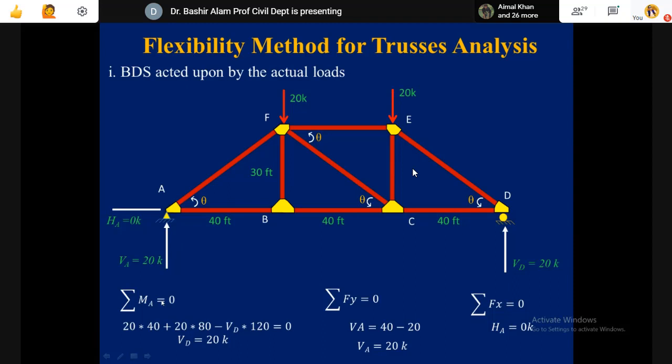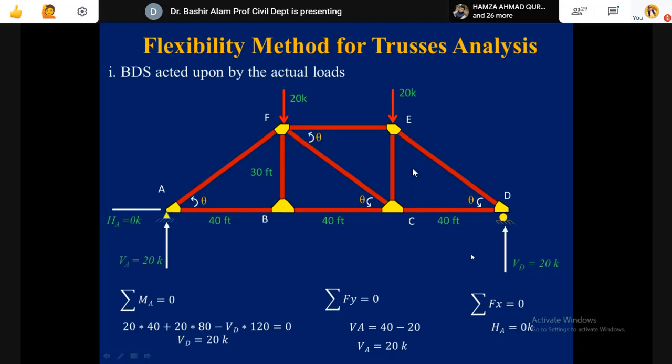We take summation of MA equal to 0. So 20 times this 40, and plus 20 times 40 plus 40, which is 80, minus VD times 120 is equal to 0. So VD, the reaction at D, is coming equal to 20 kips.